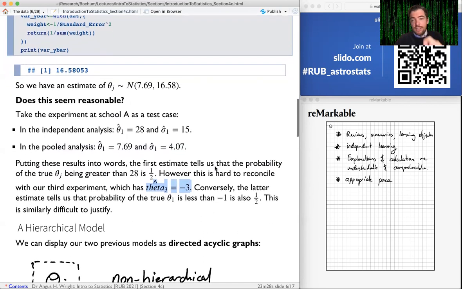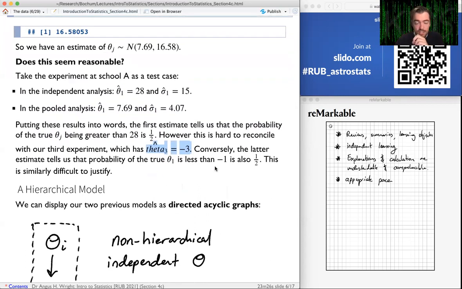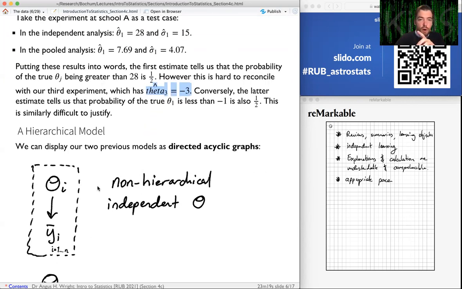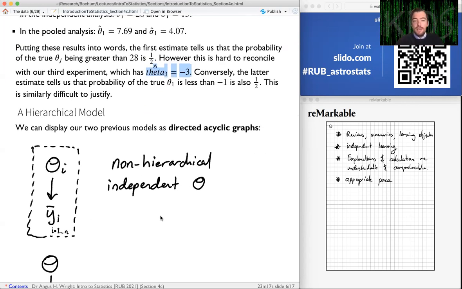Given that situation, we can instead think about creating what we call the Bayesian hierarchical model for this setup. These two models that we've just been talking about, we can describe using something called a directed acyclic graph. This is a really useful way of visualizing models.